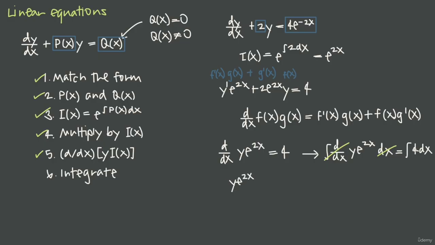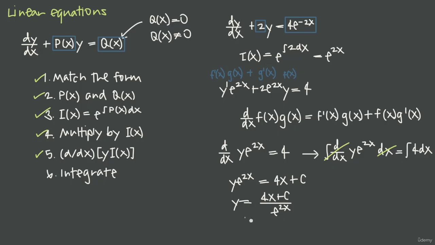And the right side, we integrate. The integral of 4 is 4x, so we get 4x, and then we add c to account for an unknown constant of integration. Now we can go ahead and solve for y. In this case, all we have to do is divide by e to the 2x. So we get y is equal to 4x plus c divided by e to the 2x.